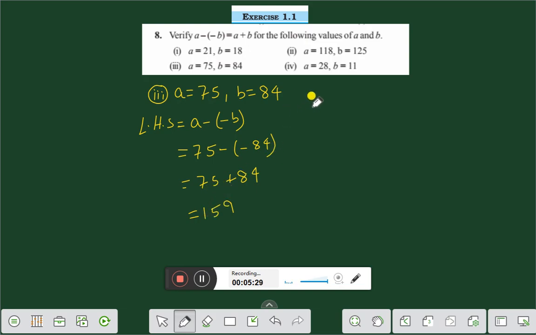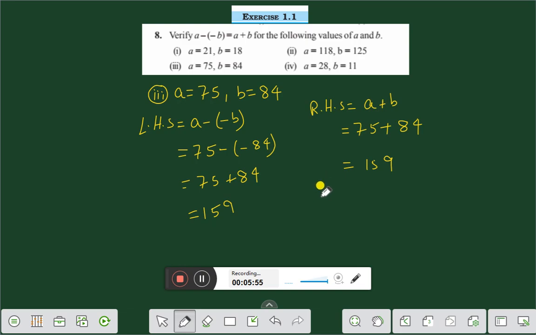159. Now right hand side is equal to a plus b. A is 75 plus b is 84. Therefore it comes to 5 plus 4, 9, 8 plus 7, 15, 159.